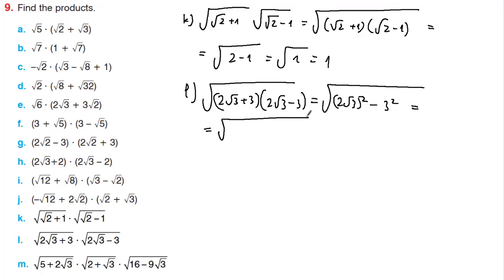That makes 2 squared is 4, root of 3 squared is 3, minus 9. That makes it 12 minus 9, 3. So that's it, square root of 3. And the same for under N.